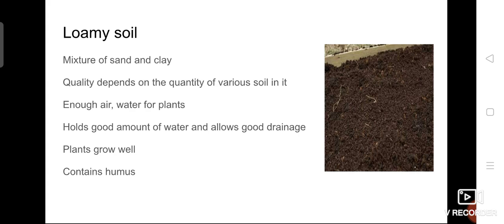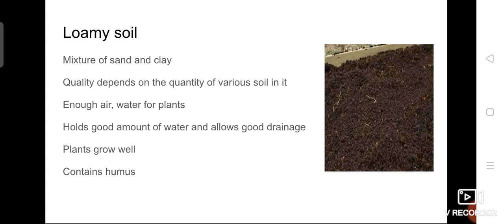How much sand and how much clay is mixed together, based on that only we can say the quality. So it has enough air and water for plants, it holds a good amount of water, and a good drainage system is also there, so plants grow well in that soil.